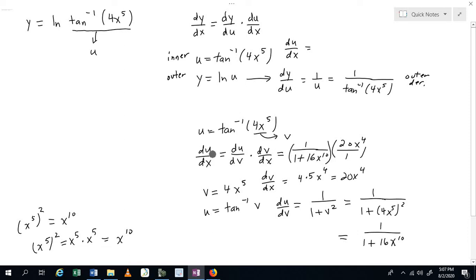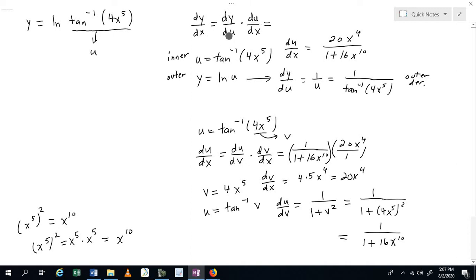Okay, and so that is our du dx up here, which is the inner derivative for the first time we use the chain rule. Okay, so I'm just going to write that as 20x to the fourth over 1 plus 16x to the 10th. Okay, and then if I multiply the outer derivative here times the inner derivative here, then I'll get dy dx, right? So I'm just going to substitute that in.